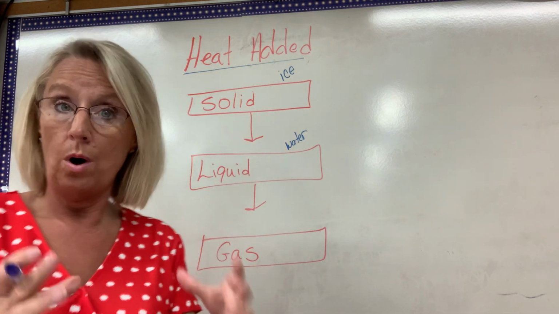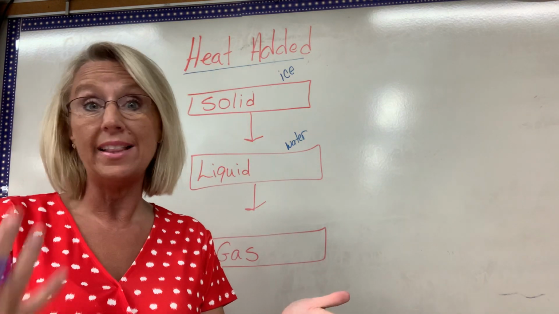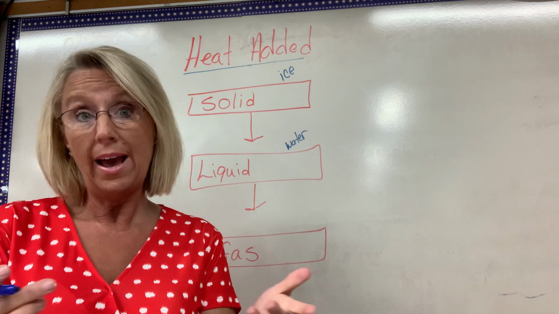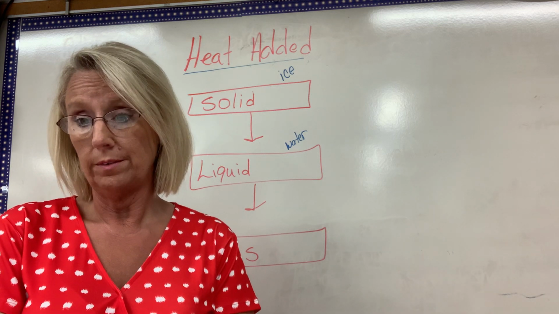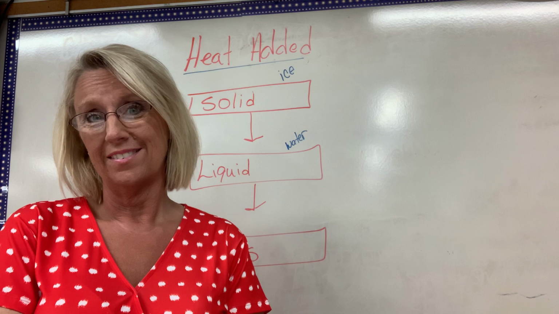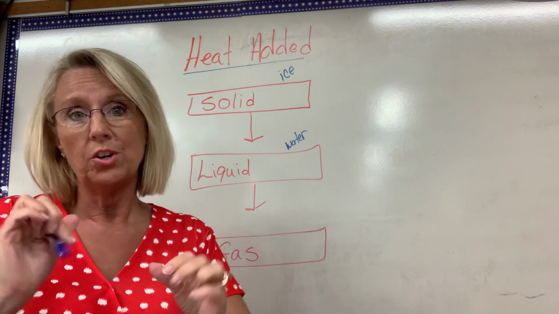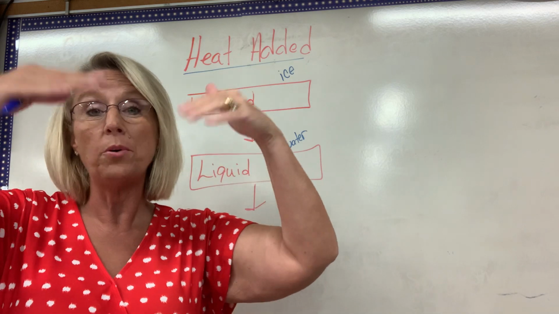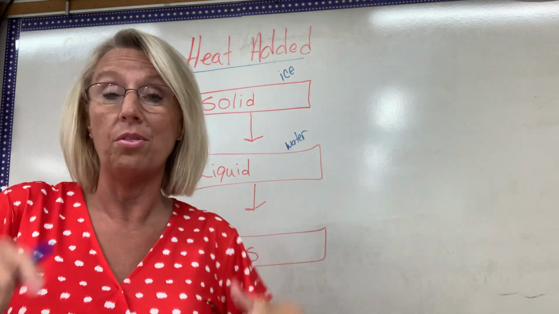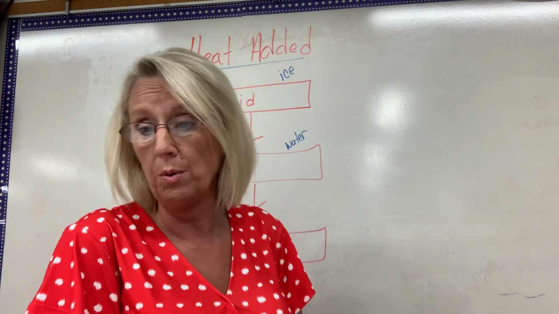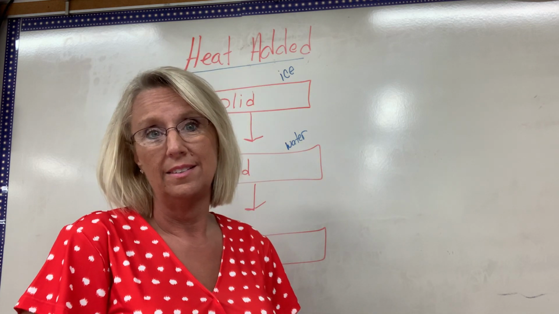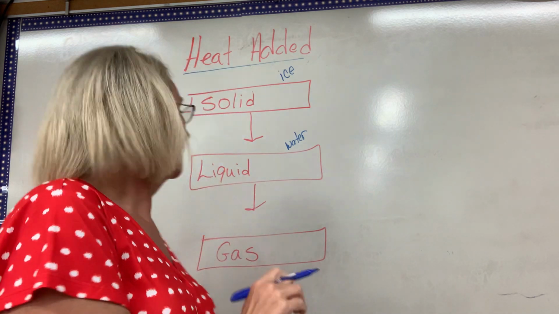When you've got your water and you continue to add that heat, what happens to your water? It's going to boil. You're going to have the smoky things come up off the pan and off the water. And what do we call that? Steam.